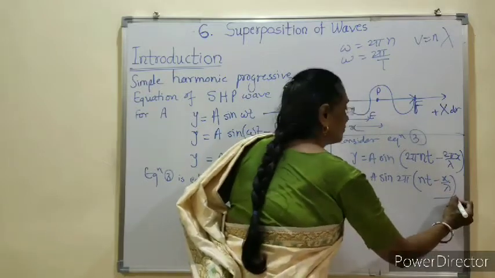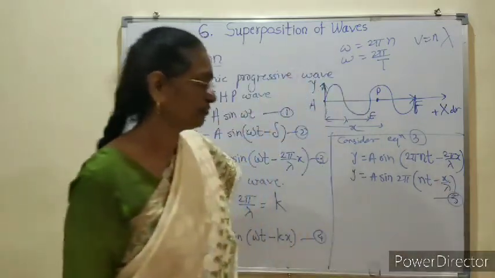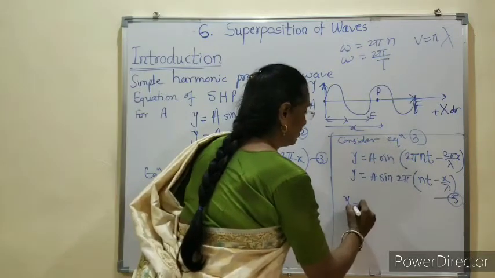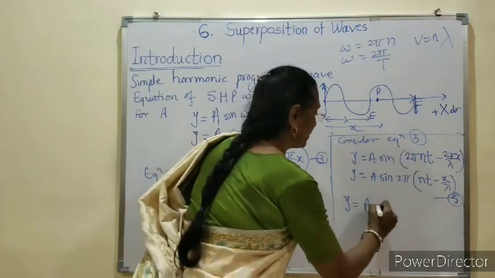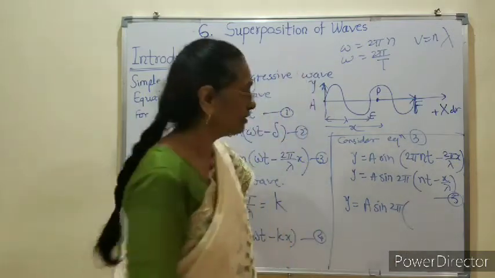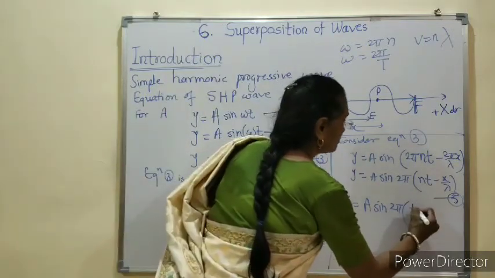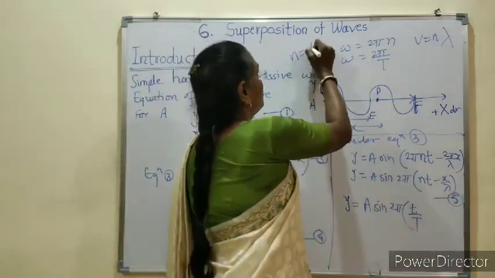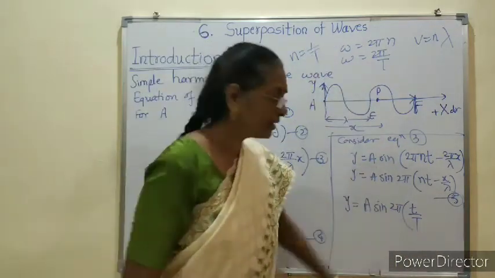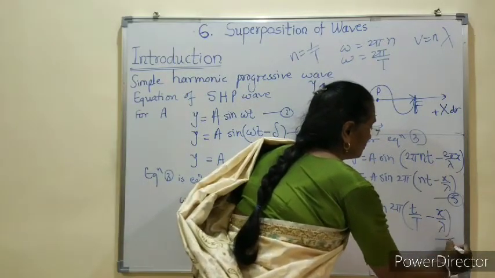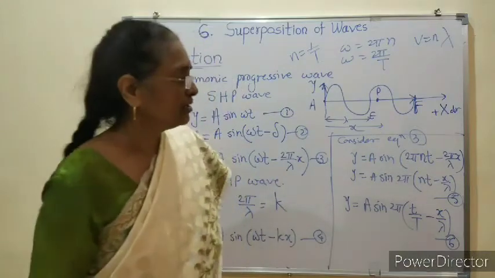This is equation number 5. Also we can write a sin 2 pi inside the bracket, where n can be substituted as 1 upon T. So this one is equation number 6.